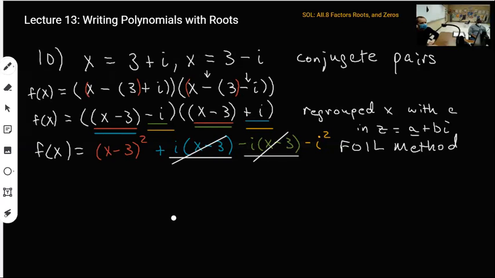I'm going to be left with two terms after that. They are x minus 3 squared. I bring the first term down. The middle two terms get canceled out, and the minus i squared comes down.